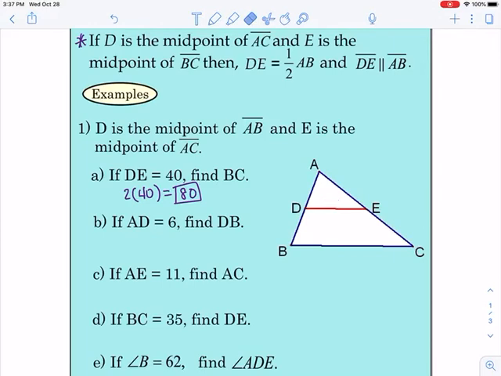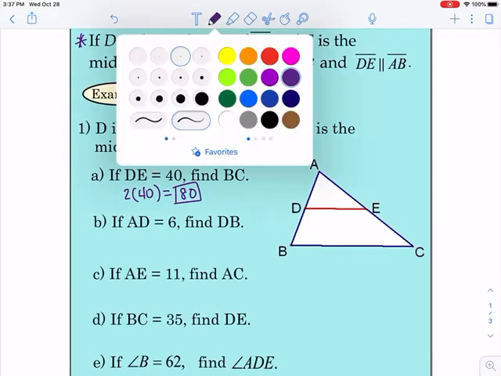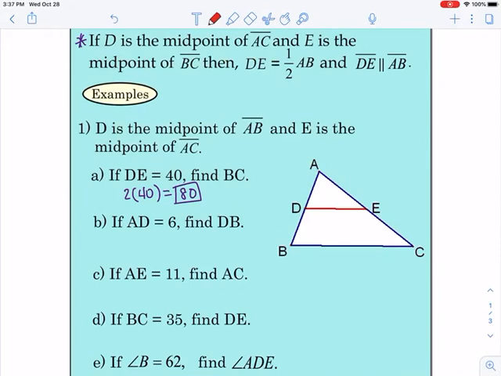I'll erase that one, and then we'll do the next one. Now for part B, if AD is 6, I want to find DB. If D is the midpoint, that means that AD is equal to DB, so DB will be 6. On the other side for part C, we have AE equals 11.